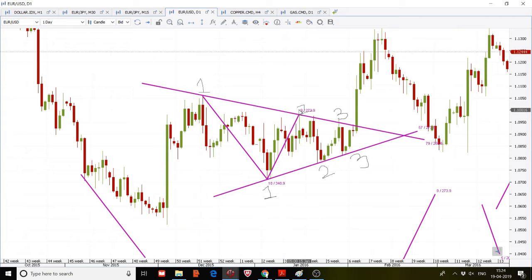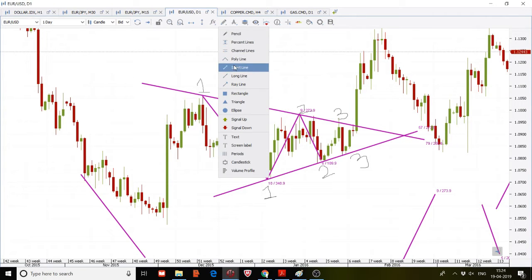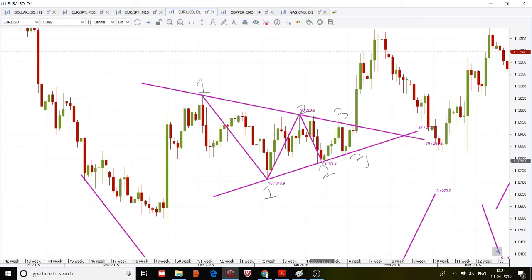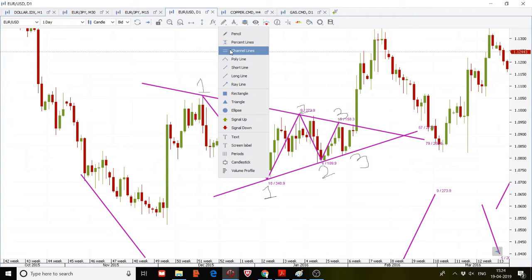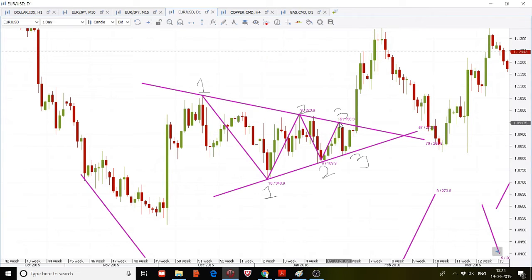After that, similarly, you can join the points, then the third one, and it is just the zigzag structure, and wave 5.